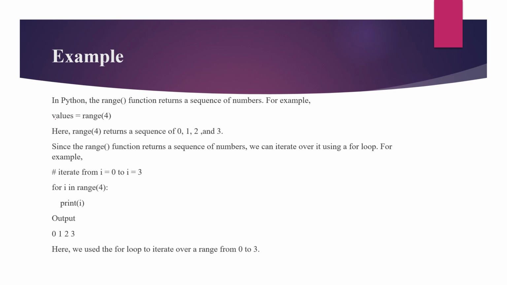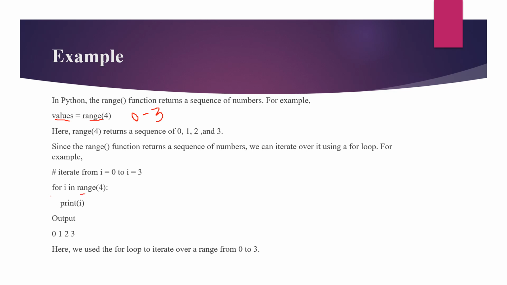This is the value, this is the variable name, and range equal to 4. Range equal to 4 means it is 0 to 3. Now we have to use a for loop in range 4.